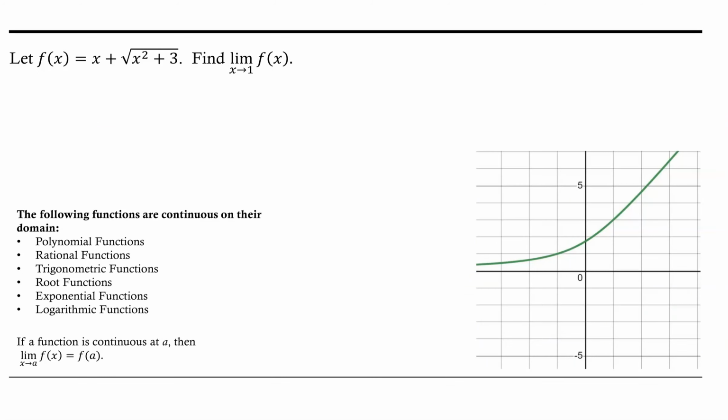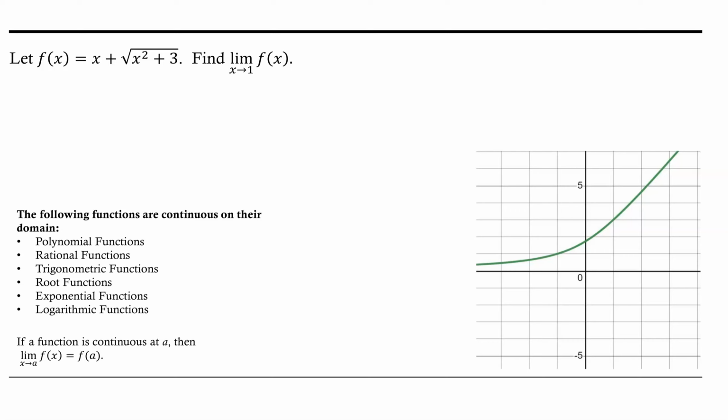Here's our next example. We're looking at f of x equal to x plus the square root of the quantity x squared plus 3. And we want to find the limit as x approaches 1. So notice again, we're talking about a root function, which is continuous on its domain.